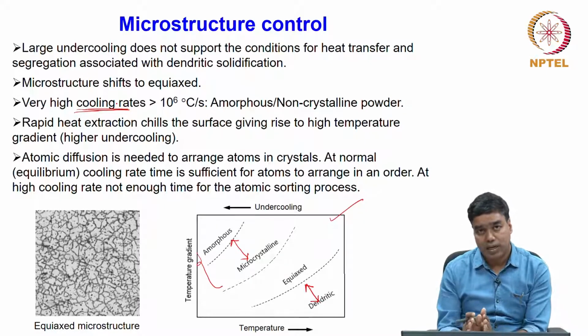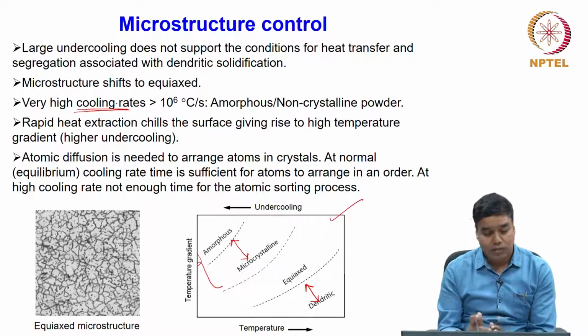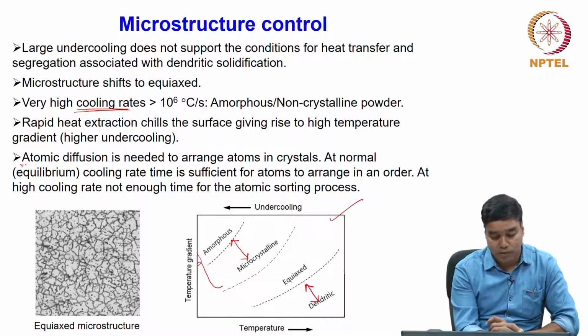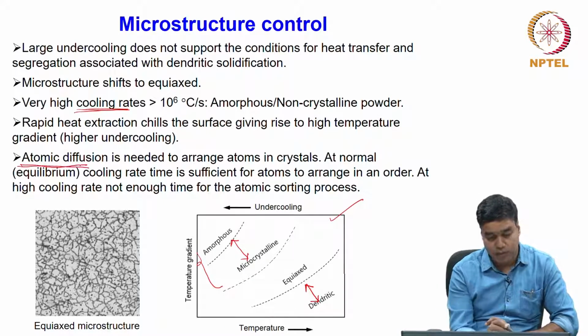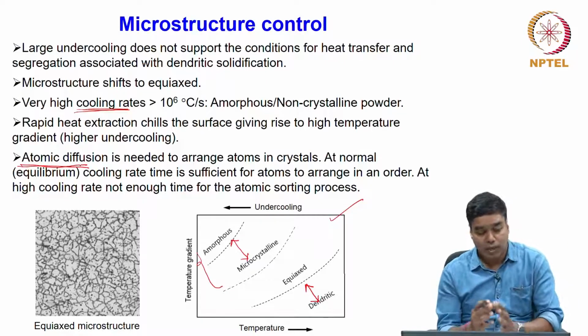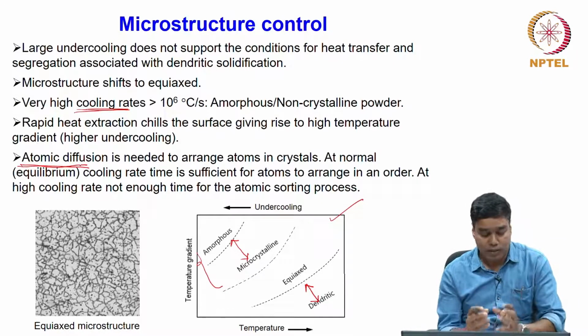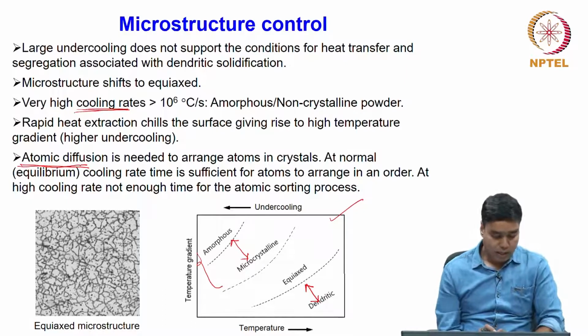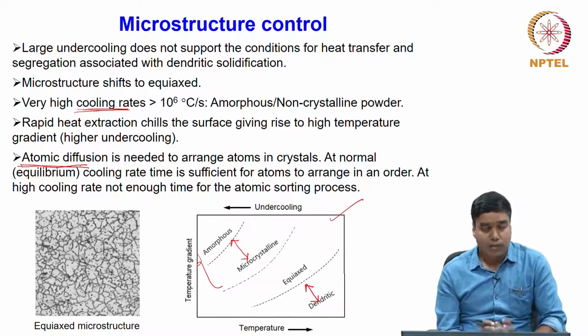So, there is transportation of atoms from the liquid to the solid phase. Okay. So, this is also known as atomic diffusion, the movement of these atoms and then building of this solid as it grows from the liquid phase. Okay.